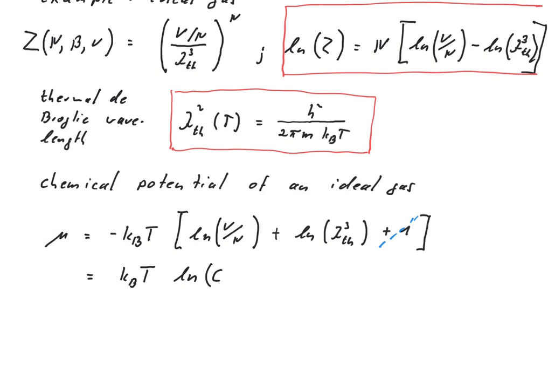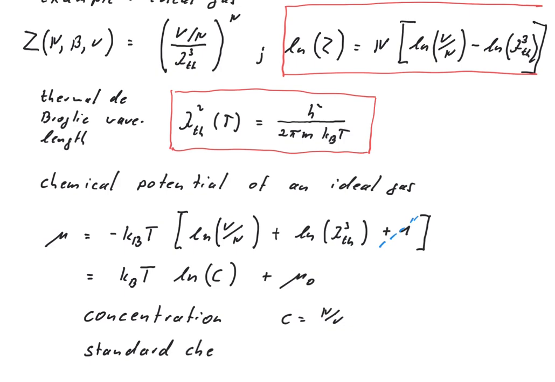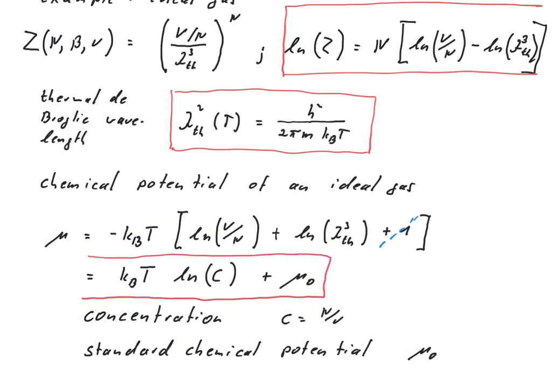Hence, the chemical potential we can rewrite, and it will read that it's equal to kBT times the log of the concentration, as the concentration is the number of particles divided by V, plus a constant mu0, which is the standard chemical potential, which is dependent on the temperature, but also on the kind of particle, because the mass is included in here, and chemical energies due to a reaction of two particles.